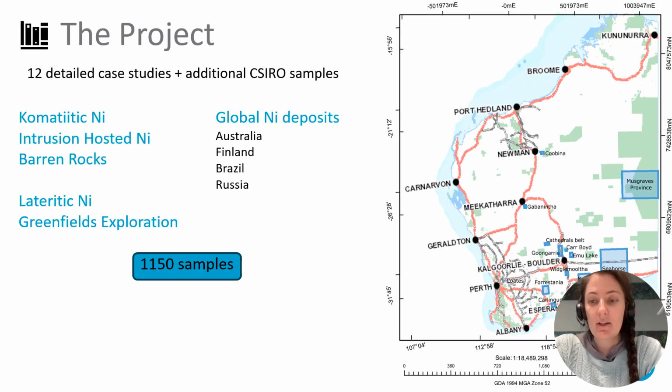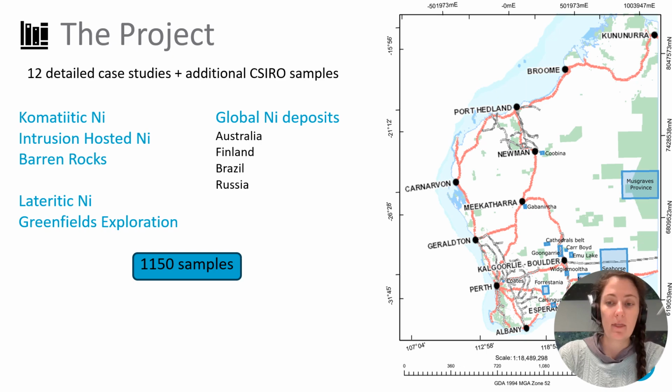So the project that tested this theory had 12 detailed case studies from throughout Western Australia, which included komatiitic hosted nickel deposits, intrusion hosted nickel deposits, barren rocks, of course, to have our baseline. We also looked at a lateritic nickel deposit, some greenfield exploration zones, and world-renowned nickel deposits throughout the world.